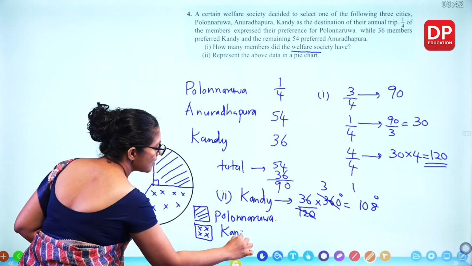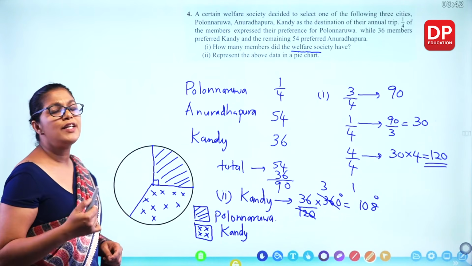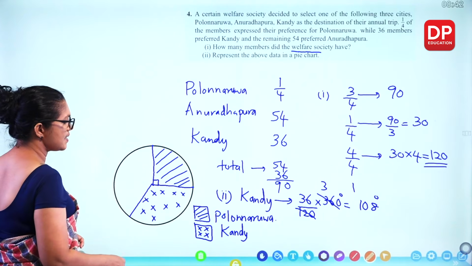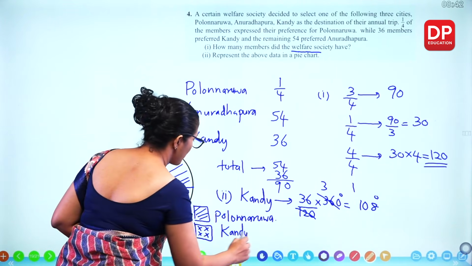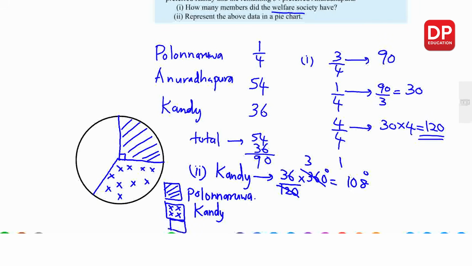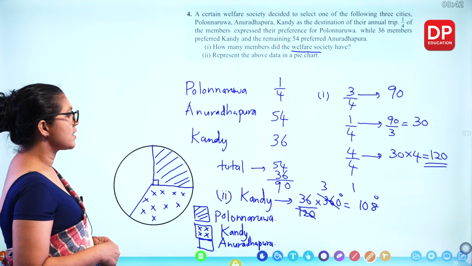Then the rest prefer Anuradhapura. So you don't need to find out the angle there. So the rest, this represent Anuradhapura. So you can draw it here. I'll draw here a blank one representing Anuradhapura. So this is how we can draw a pie chart.